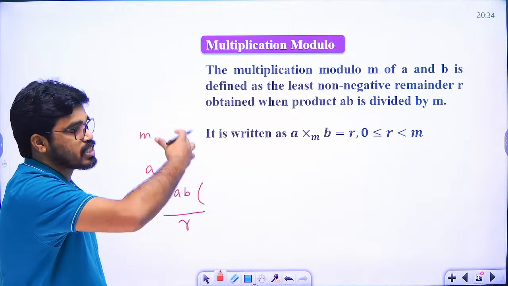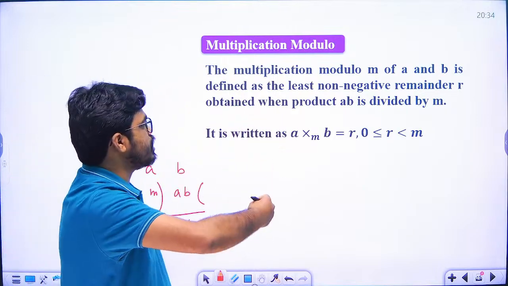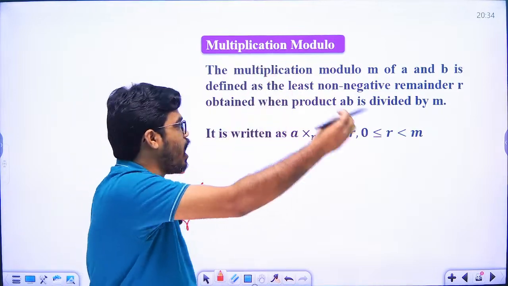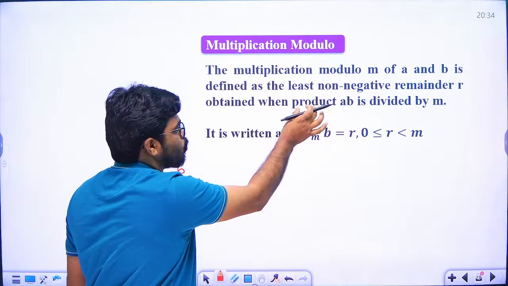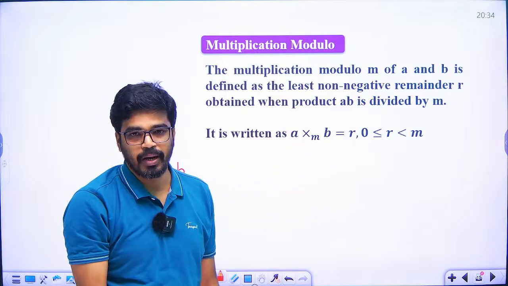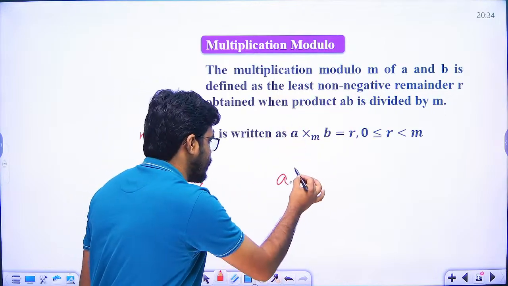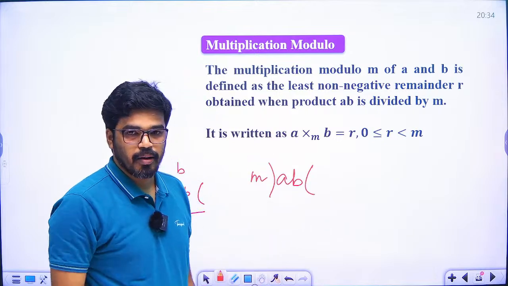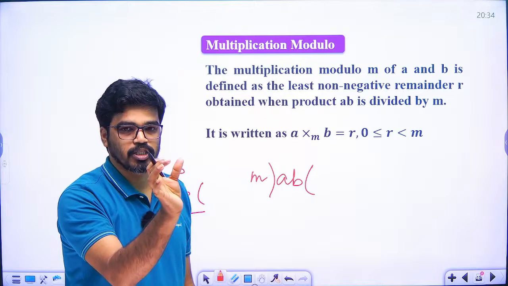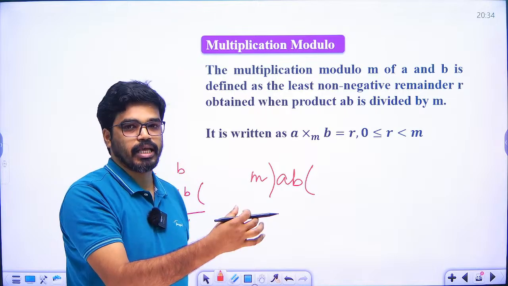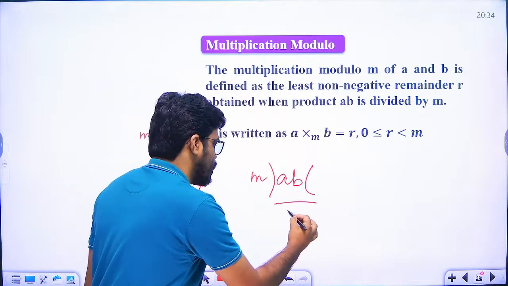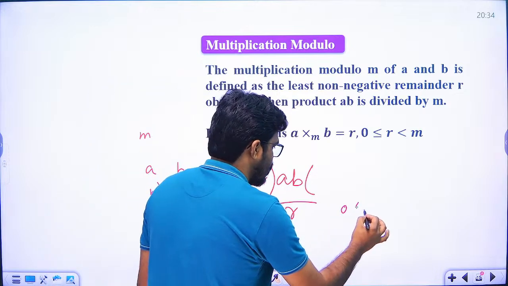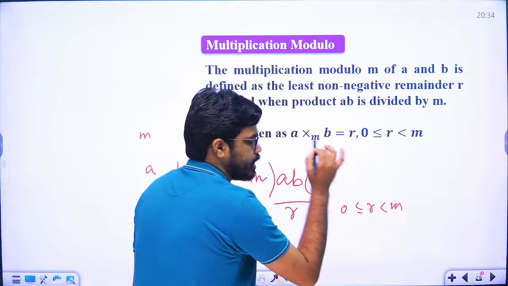The multiplication modulo m of a and b is defined as the least non-negative remainder r obtained when the product ab is divided by m. Previously it was a plus b, right? For multiplication it is ab, we divide ab by m and the remainder is the answer. So obviously 0 less than or equal to r less than m.